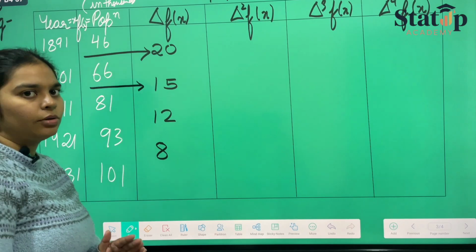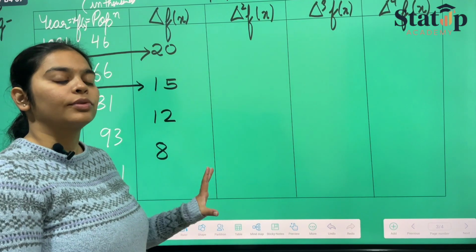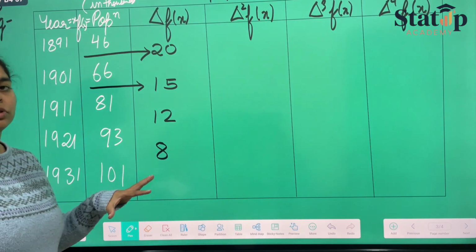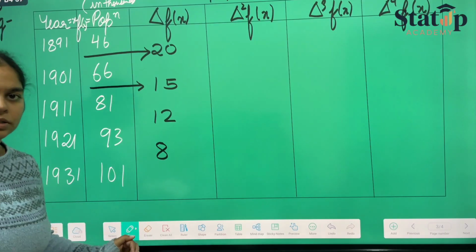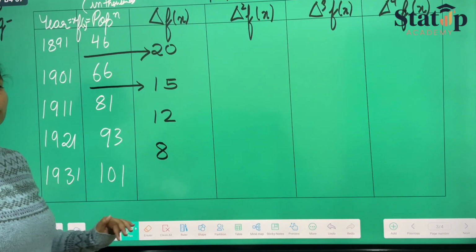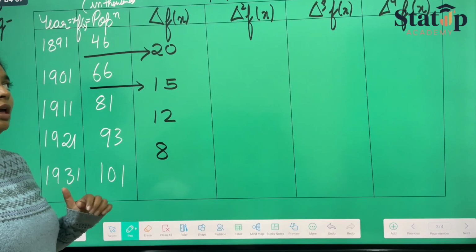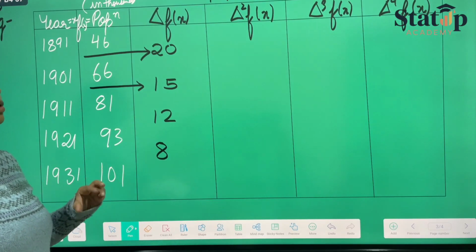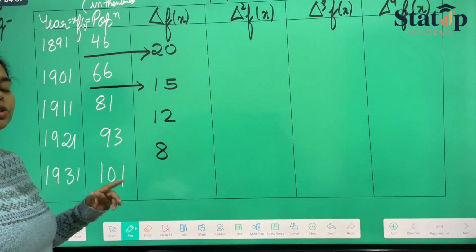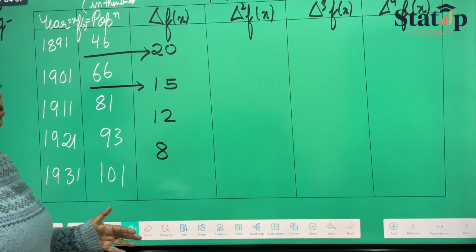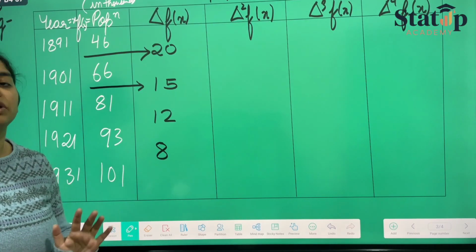We are slowly doing this just so that you know the exact procedure, and as and when you practice these kinds of questions, you will be thorough with the concept, and you will be able to do them in seconds or minutes in the examination. They don't ask you for too large a calculation. They ask you for just a little calculation, so that you can complete it within time.